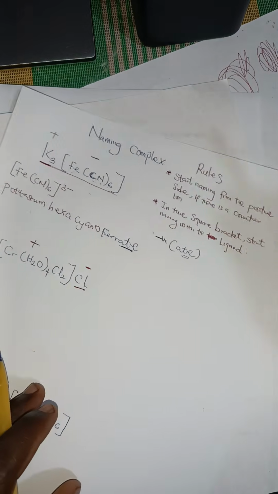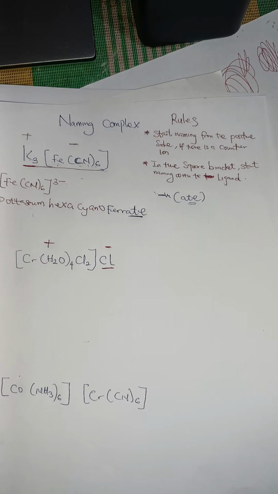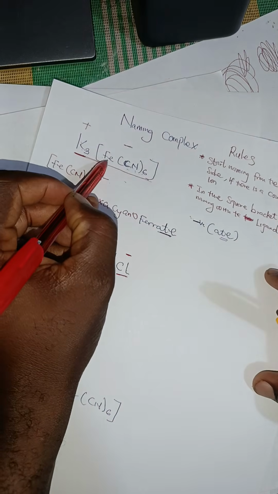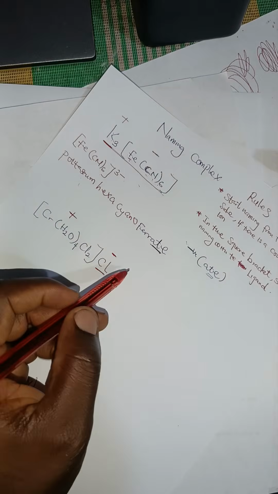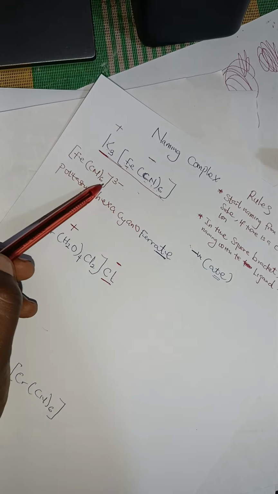Now that leads us to how to answer if a question asks what is the oxidation state of a complex. It is very, very simple. You are looking for the charge of Fe, and I can do that real quick for you. You either take it as a whole, or you break it.